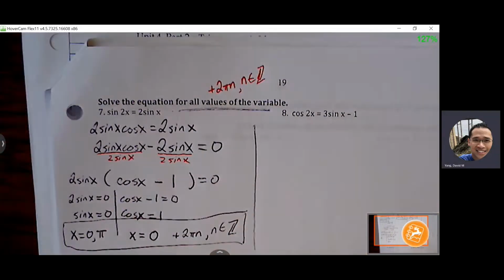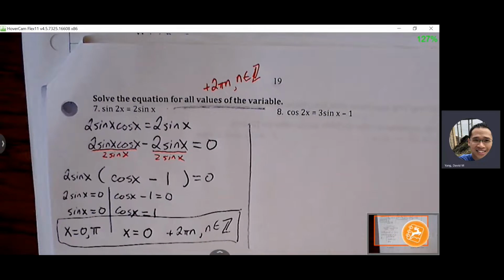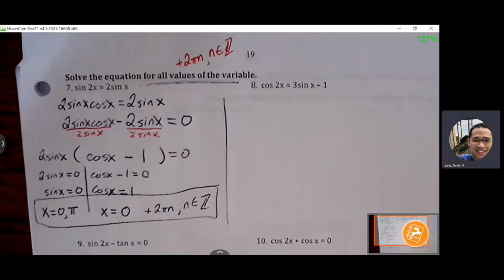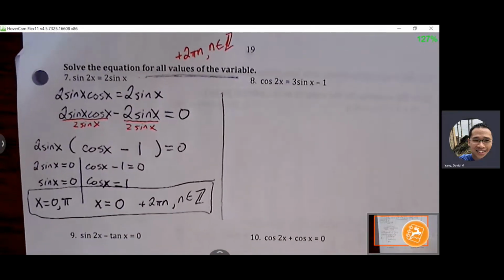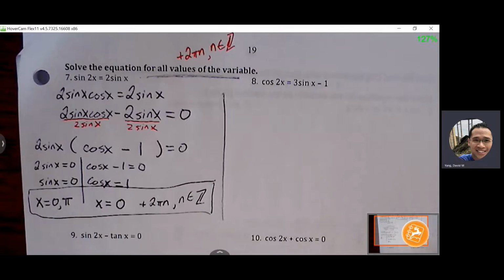Yeah, basically indicating that all the coterminal angles could act as a solution to these problems. All right. Are we good with 7?